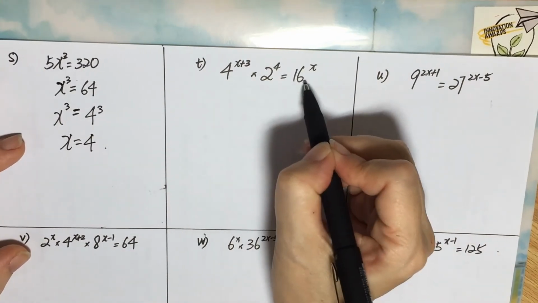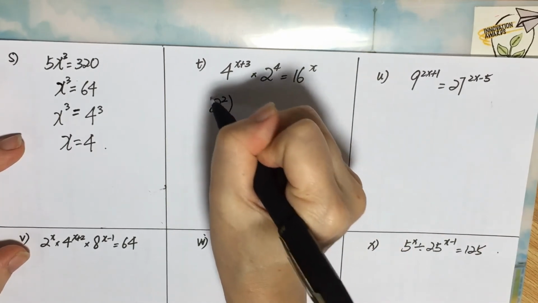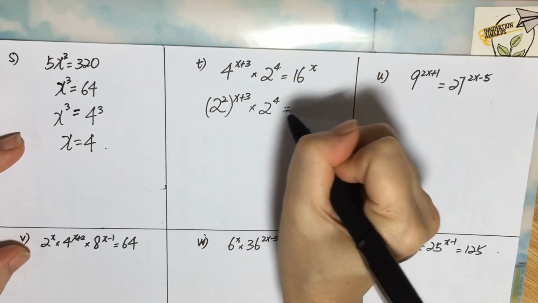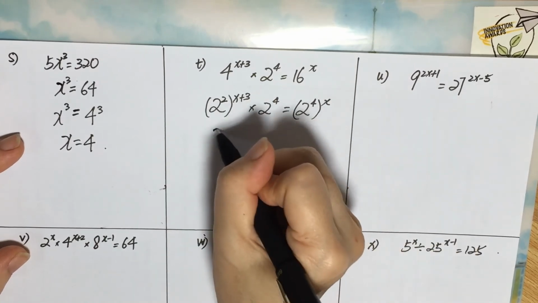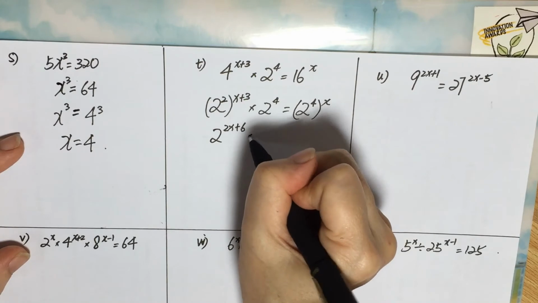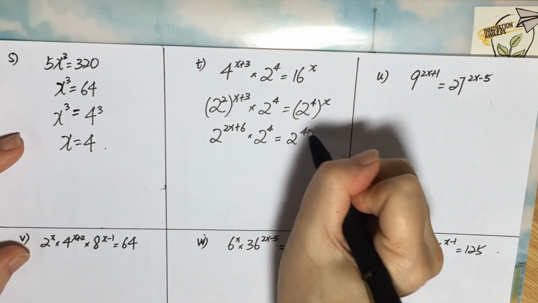4 and 16, change to base 2. So 2 squared to the power of x, plus 3 times 2 power 4, equals 2 power 4 raised to the power of x. So here we have 2 raised to the power of 2x, plus 6 times 2 power 4, equals 2 to the power of 4x.